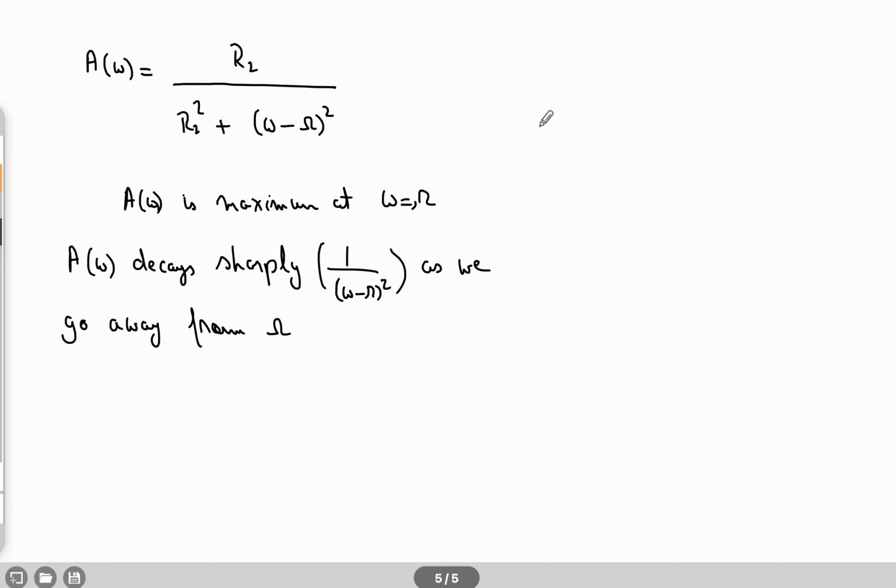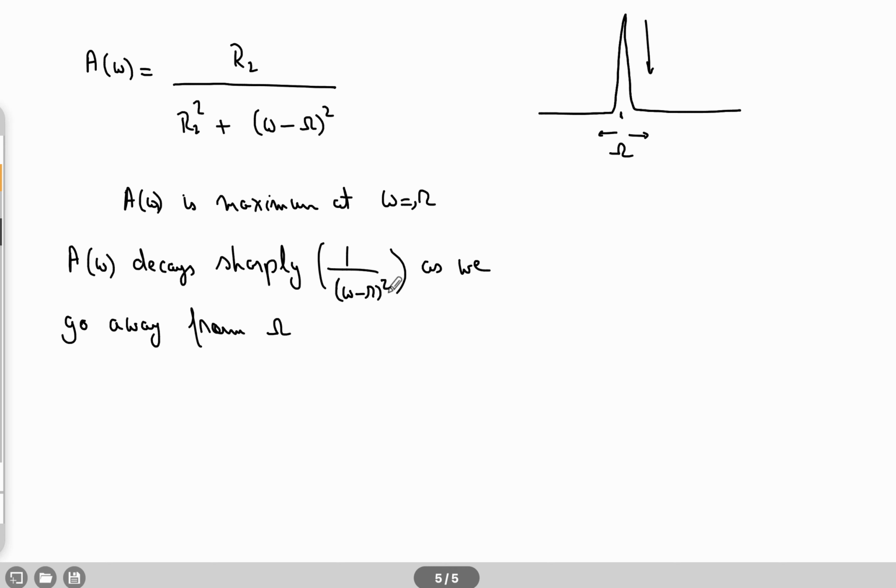Okay, so if I try to draw it, it looks something like this. This is my offset. At offset the function is maximum, and as I'm moving away from offset, to this side or this side, the function decreases sharply, or the height or the amplitude of this line decreases sharply with this function.